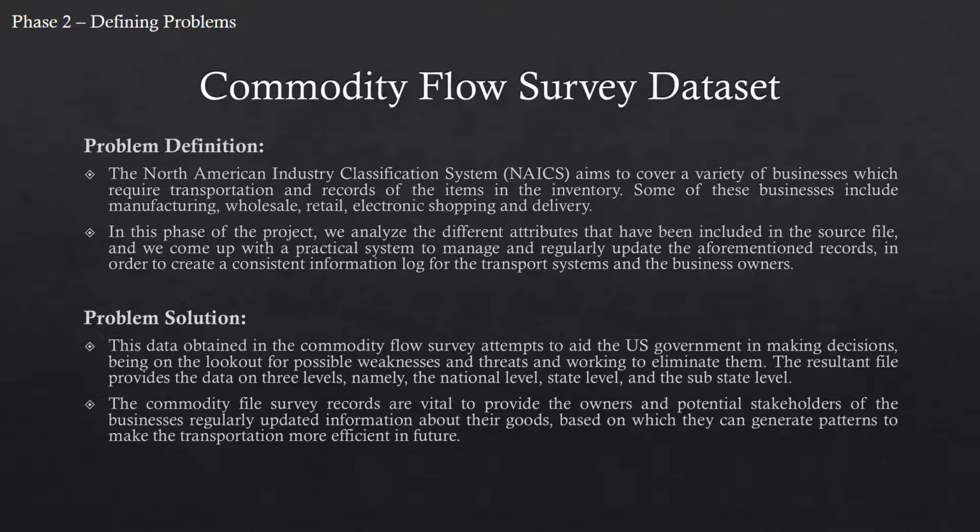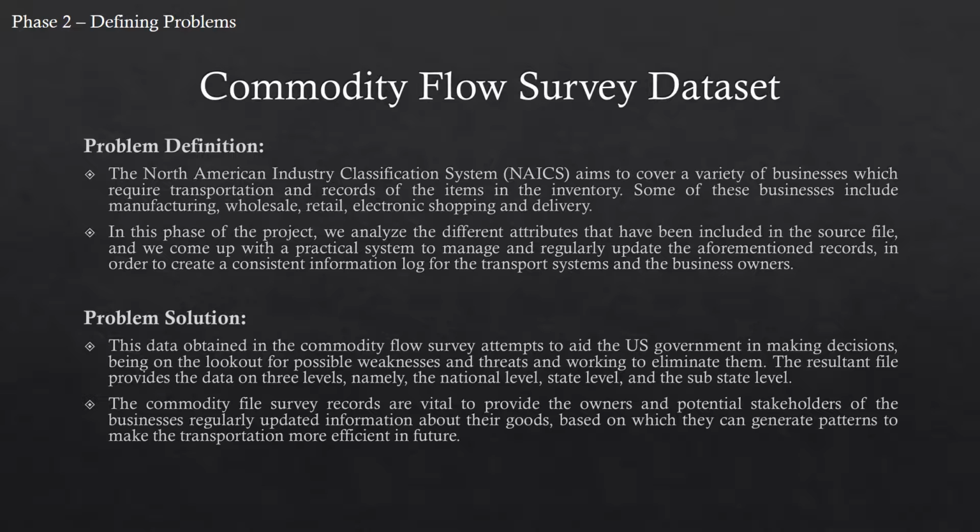Some of these businesses include manufacturing, wholesale, retail, electronic shopping, and delivery. So, in this phase of the project, we analyze the different attributes that have been included in the source file, and we come up with a practical system to manage and regularly update the records in order to create a consistent information log for the transport systems and the business owners.